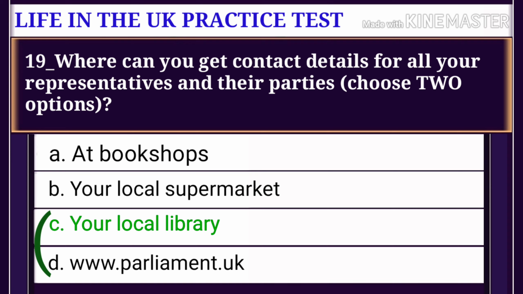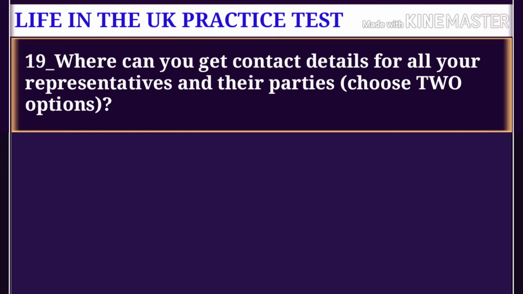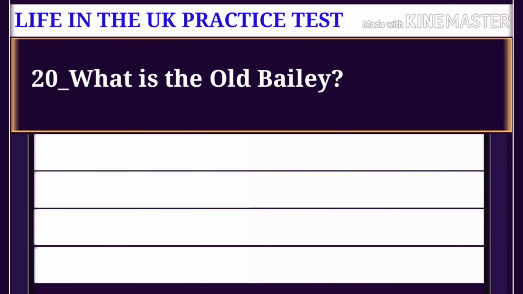The correct answers are C. Your local library. D. www.parliament.uk. You can get contact details for all your representatives and their parties from your local library, and from www.parliament.uk.